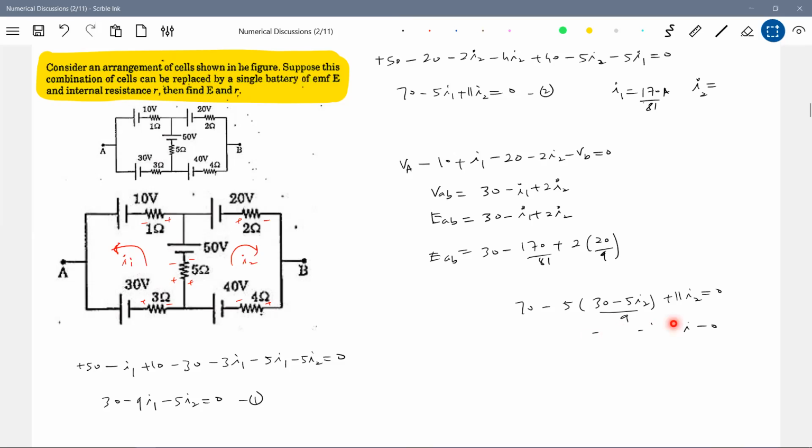I2 is minus 210 by 124. We can further divide to 105 by 62. Yes, sir. What about I1 then?